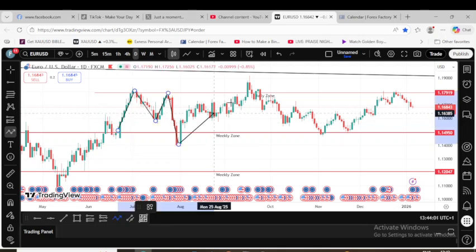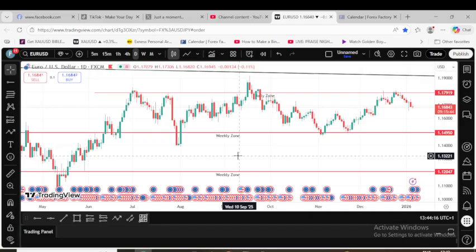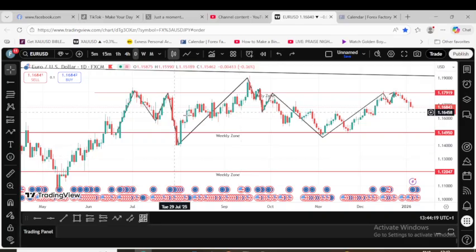And although price crossed through it this first time, price still gave it some respect and even tested it twice. And price has rejected off of it twice again on this. So this zone is still very valid.